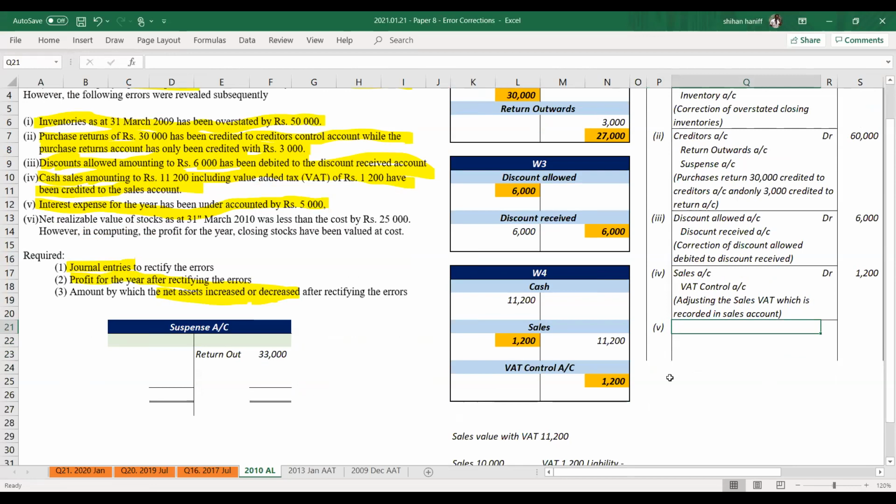Not accounted 5,000. Expense should increase. Interest expense will be debited.